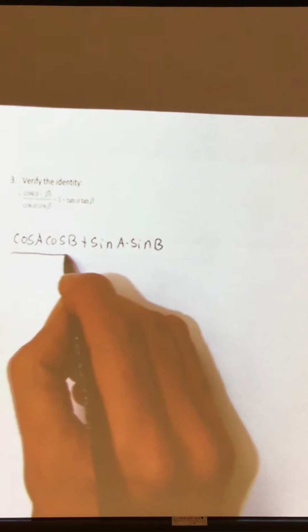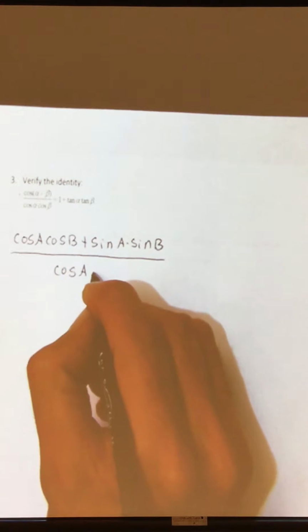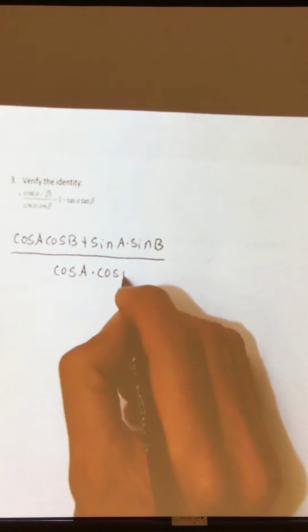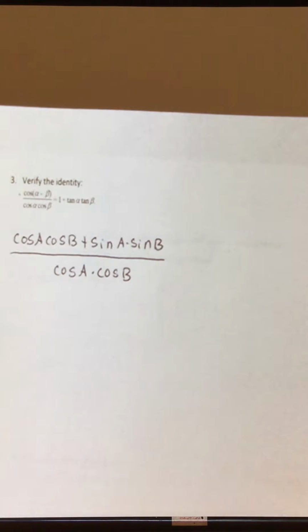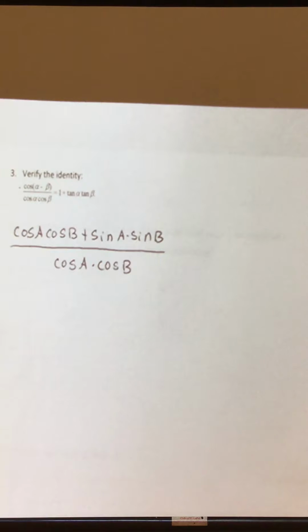That's the numerator. Our denominator is cosine A times cosine B. Now if I simplify this and work it through, we'll end up at the right-hand side of the identity. Remember never to cross over the equal sign and work both sides, only one side separately.